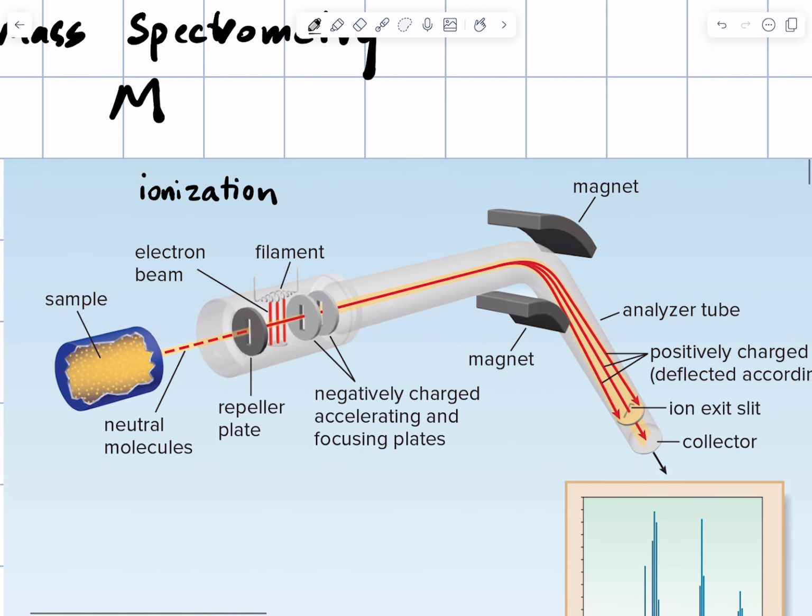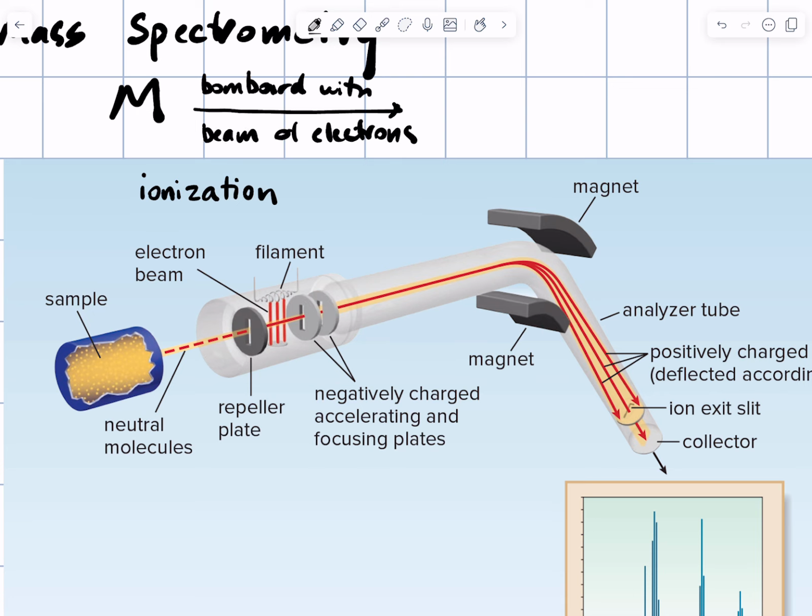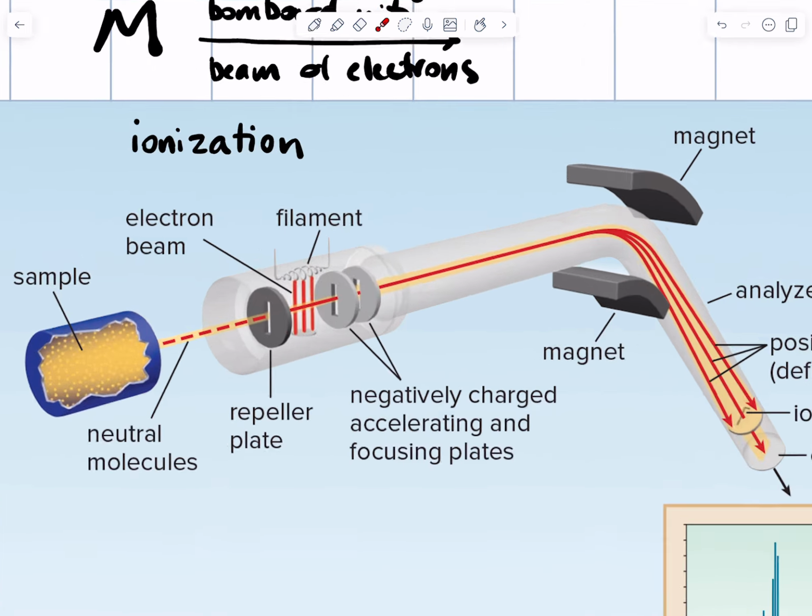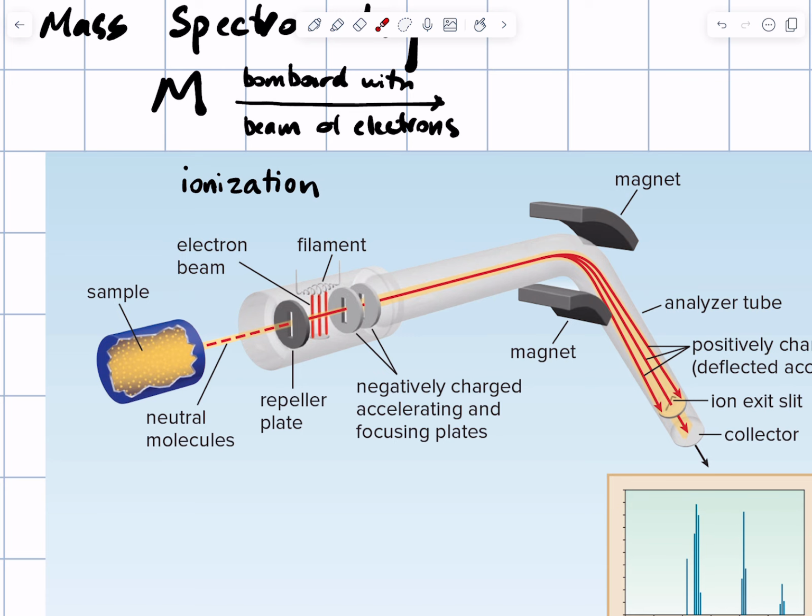So the way that's presented in your text is basically you can ionize a molecule by bombarding it with a beam of electrons. You don't need to worry about how you generate the beam of electrons. There's a filament that electrical current passes through that emits electrons in a beam. You can direct that beam of electrons at a stream of your molecules. This is sounding like Ghostbusters at this point.